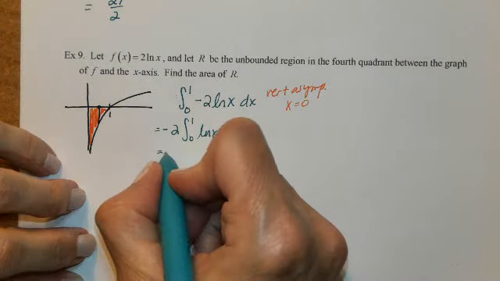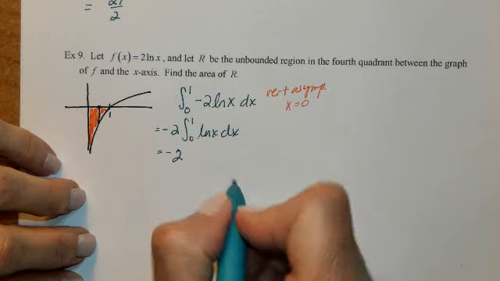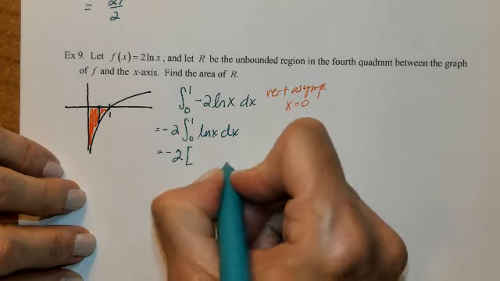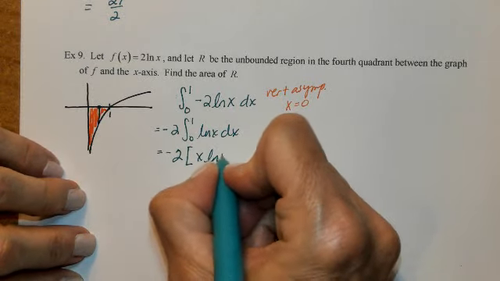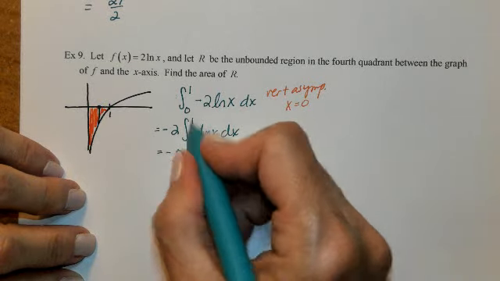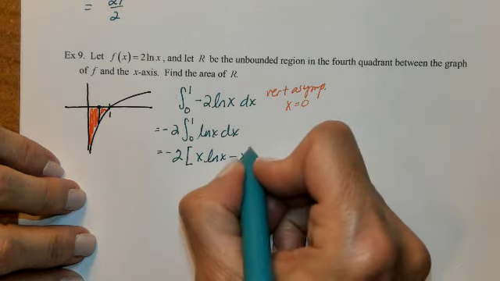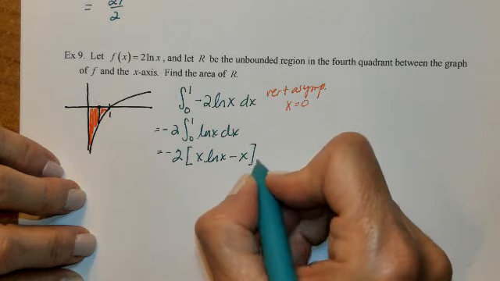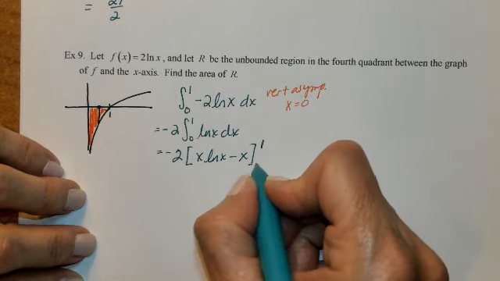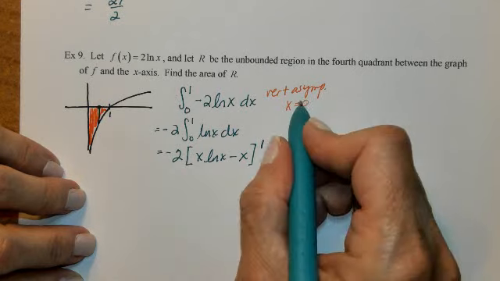All right. What is the antiderivative of natural log x? It's one I kind of want you to know. X log x minus x plus c, but we don't need the plus c because we have boundaries, right? All right. I want to go from 0 to 1. I cannot put a 0 down there, though, because of the vertical asymptote.